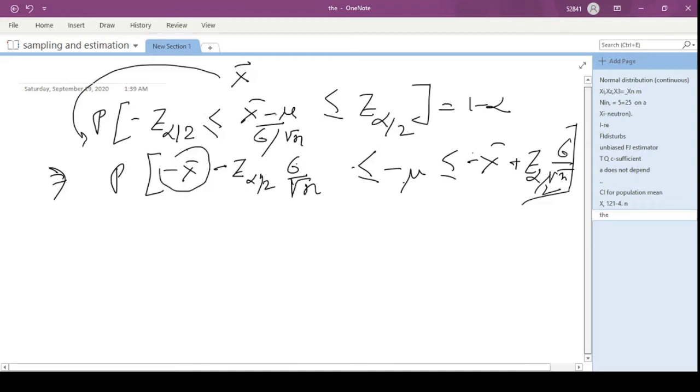Okay, so this is what I got, and if I convert this into the whole of negative, the inequality will change.